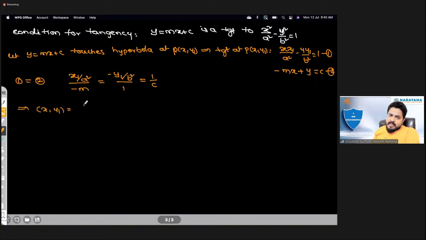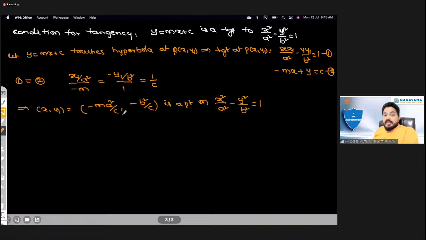So (x1, y1) is equal to minus m a square by c comma minus b square by c, which is a point on x square by a square minus y square by b square is equal to 1. Their point of contact is minus m a square by c comma b square by c in the ellipse, but here it is in the reverse.